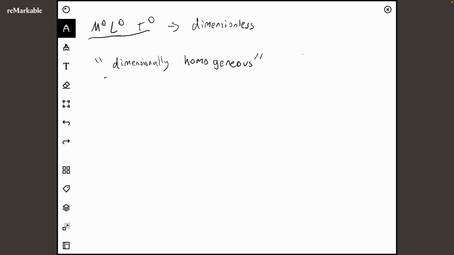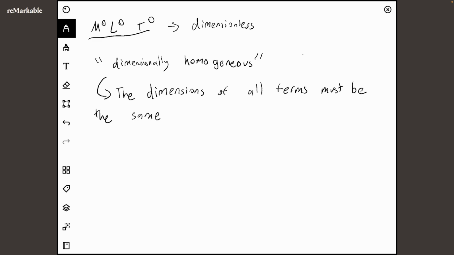For an equation to be dimensionally homogeneous, the dimensions of all terms must be the same. And to achieve this, we attempt to get a mathematical model where all the possible dimensionless products are among the variables. And this here is called a complete set.